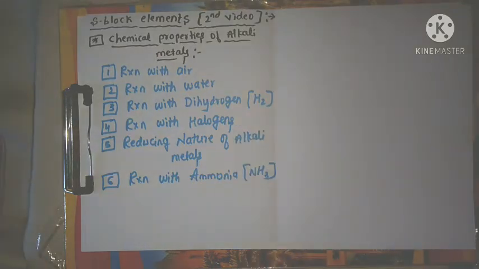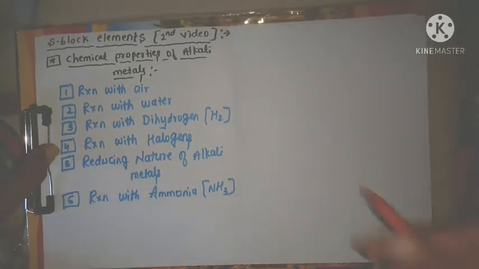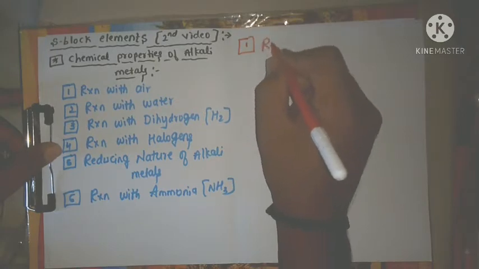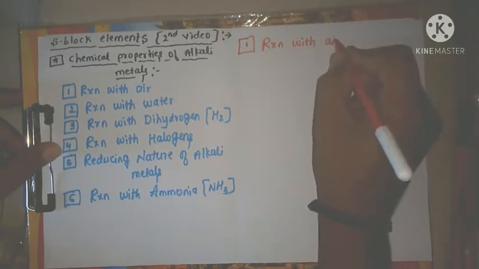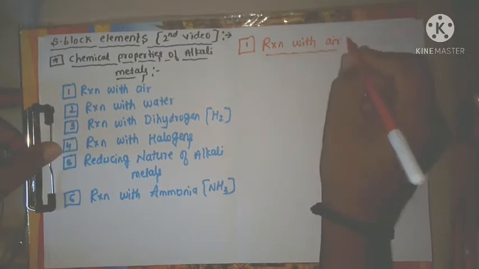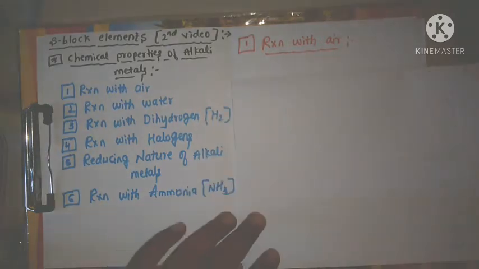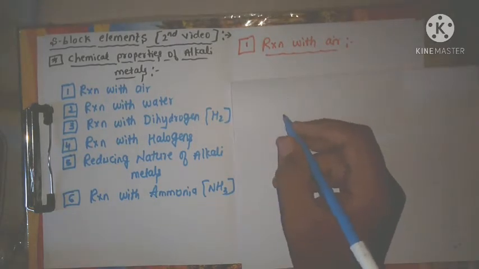Right? Now, first one we will start here, that is reaction with air. For this one, I will take one rough paper. Alkali metals, that is lithium, sodium, potassium, rubidium, cesium.